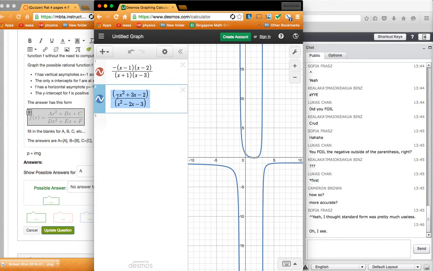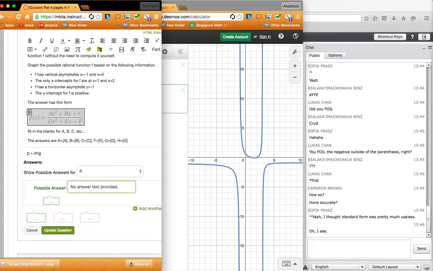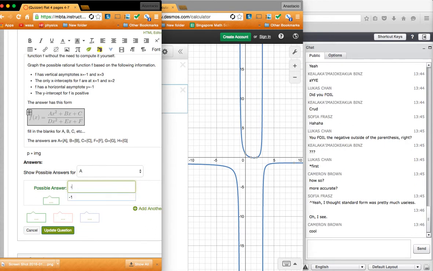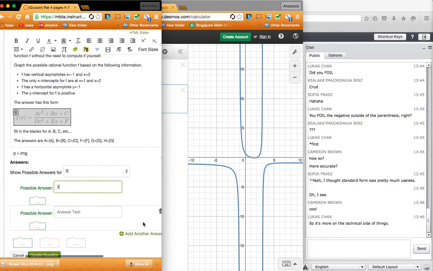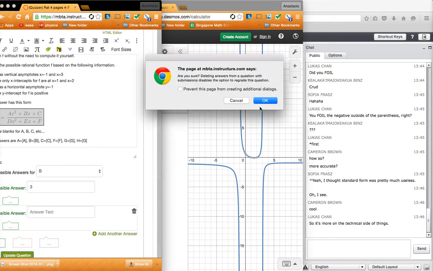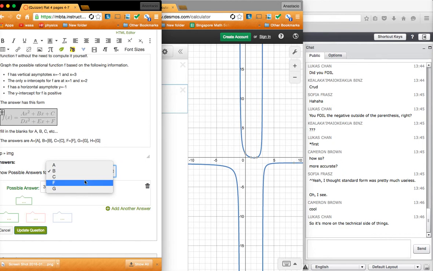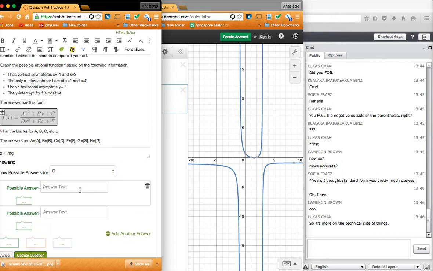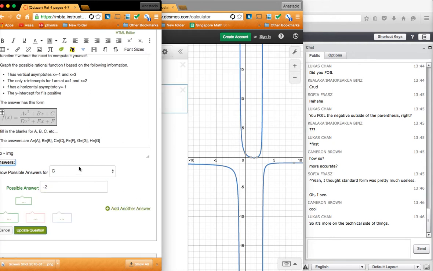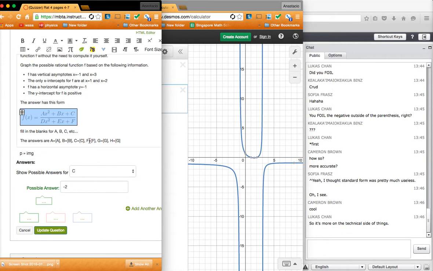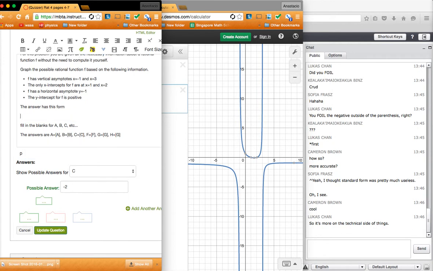It's -1, +3, -2. So -1, +3, and -2. Oh, oops.